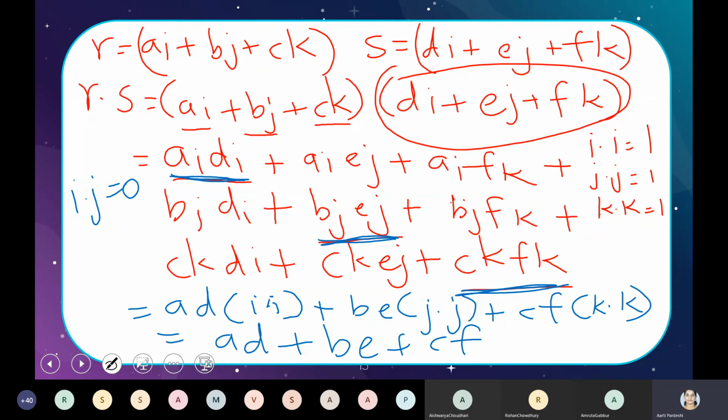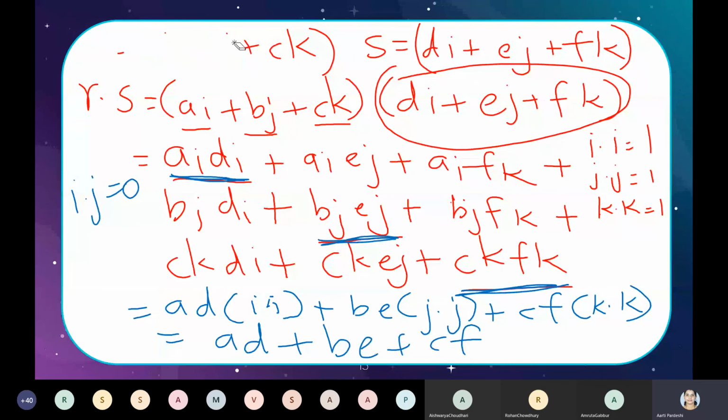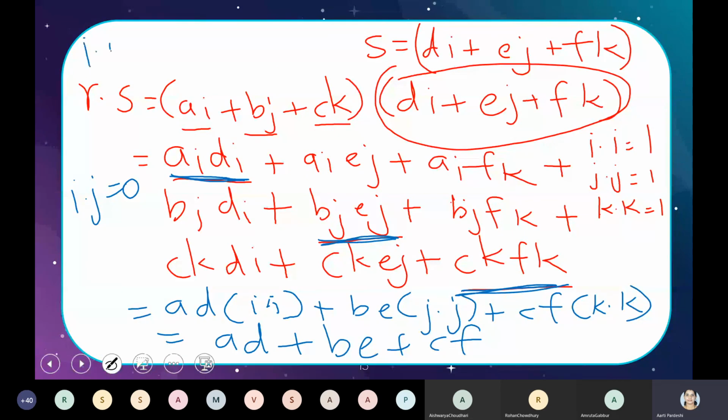Now you will ask me how I into J is equal to 0. Should I rub some part? I am rubbing it because I have to show you the dot product formula which you already know. And what does that formula say? I dot J is nothing but mod of I into mod of J into cos theta.